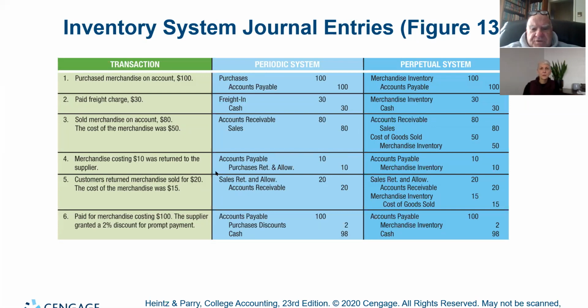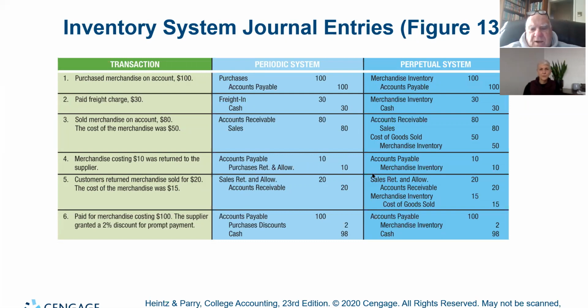Let's take a look at a return, okay? Merchandise costing $10 was returned. We've been crediting purchase returns and allowances. We're returning something. We were doing the returning. Here, we're going to use the contra cost account. Remember? The contra purchase account.